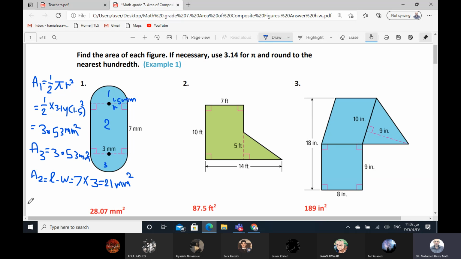Now the area of the composite is the total of the three areas here, A1 plus A2 plus A3. So we can write here 3.53 plus 3.53 plus 21.